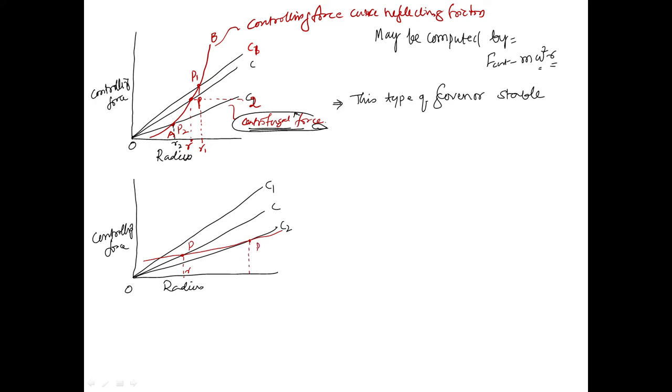This is point P2, and this is point P1. In this case, the variation of speed is not too much. But the variation of the radius is a much bigger difference here.